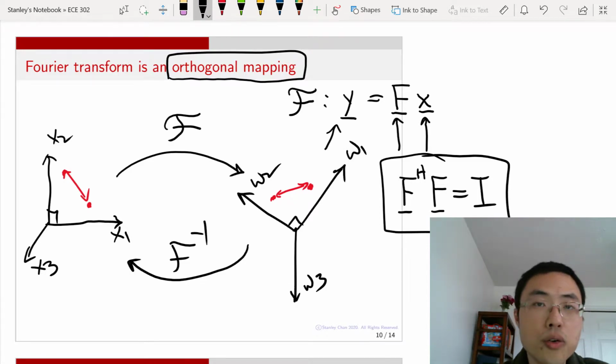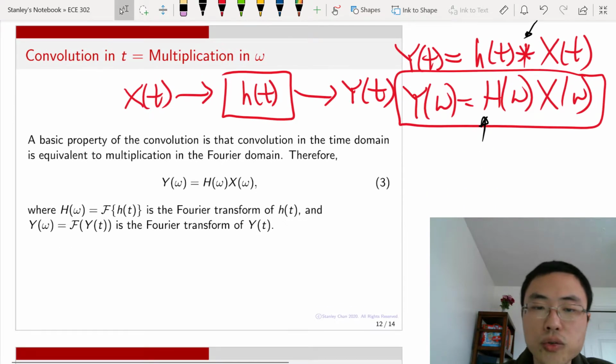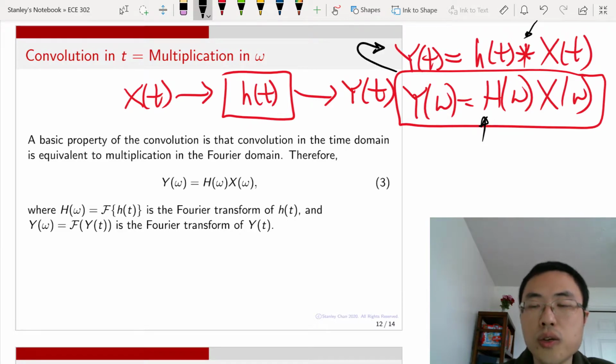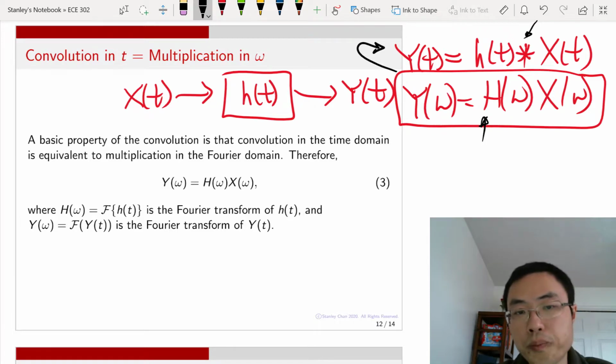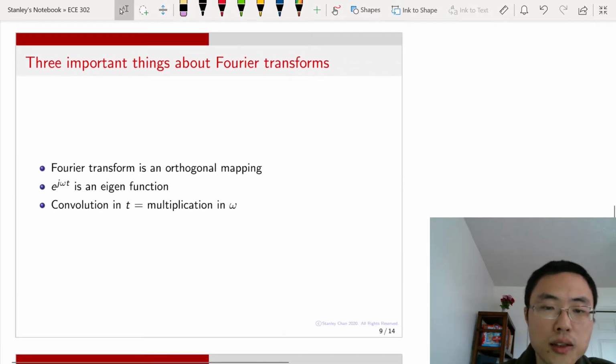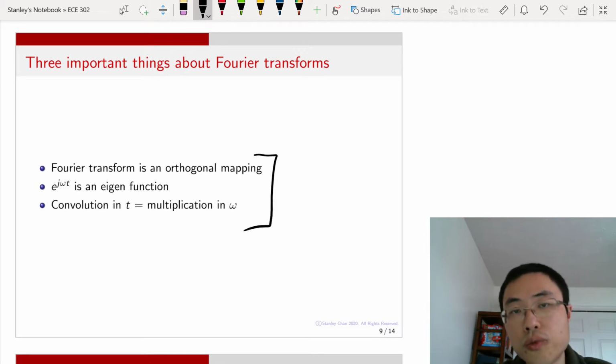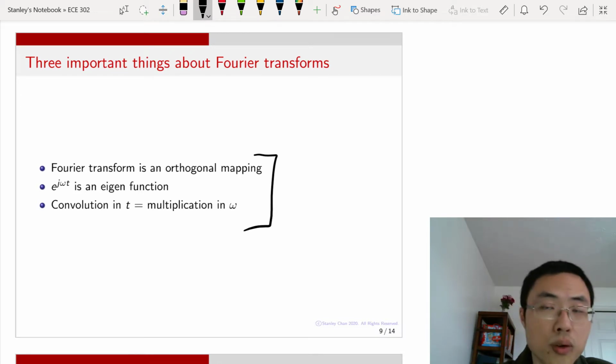Since you're doing the orthogonal mapping, the inversion is well defined, and so you can go back to say that if I do all the operations in the Fourier domain, I can just go back to obtain the results in the time domain. And so all these three components, as you can see, they tell one story: how do you go from one space, the time space, to the Fourier space and go backward, right?